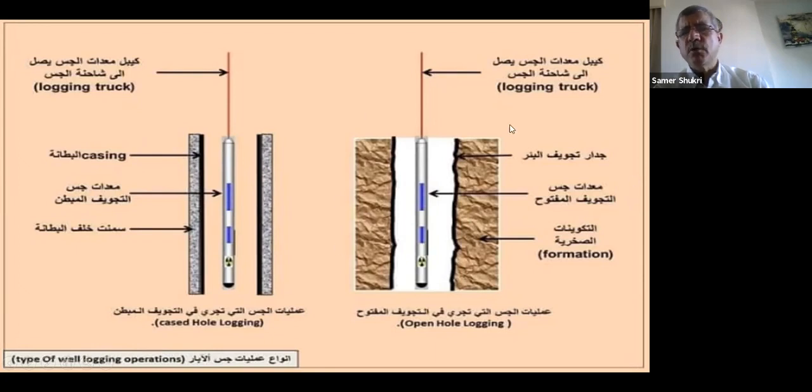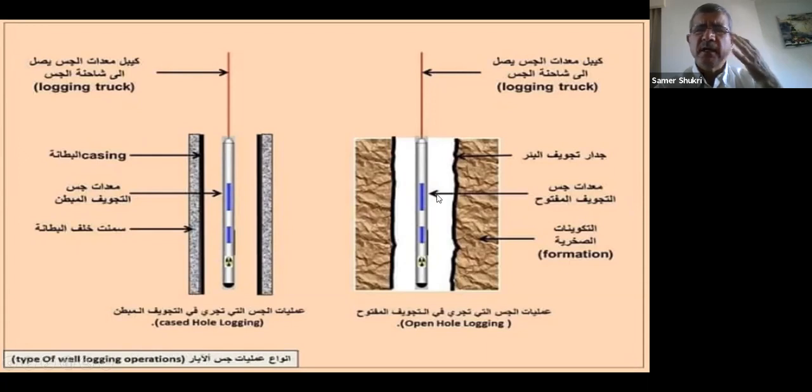Open hole is more reliable than cased hole. Why? Because there is no barrier between the tool and the rope. You see, there is here no barrier, only the fluid. And this fluid in the well, we know it, the brine or mud or water, whatever.